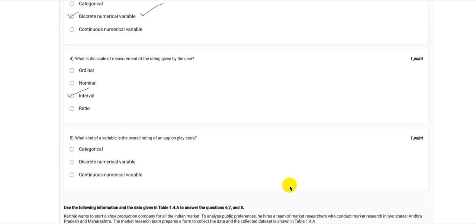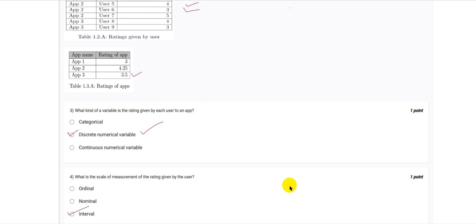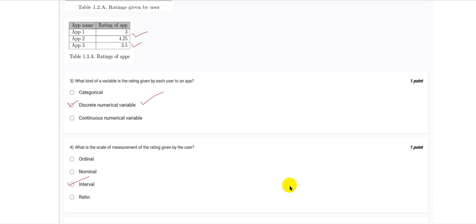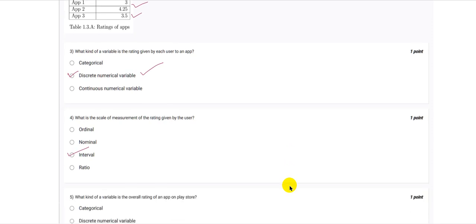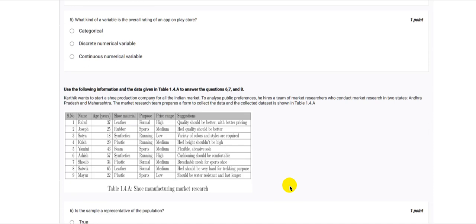What kind of a variable is the overall rating of an app on Play Store? From this table, we can see the rating of the app is a numerical variable, and the rating can take any number between 1 to 5, not the integer value only. So it is a continuous numerical variable.